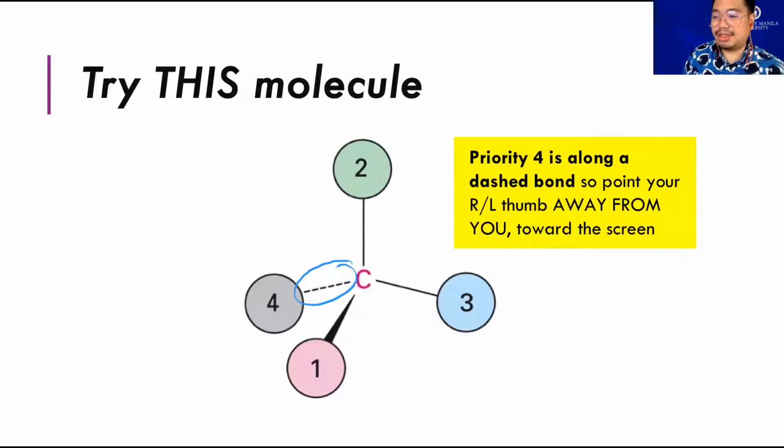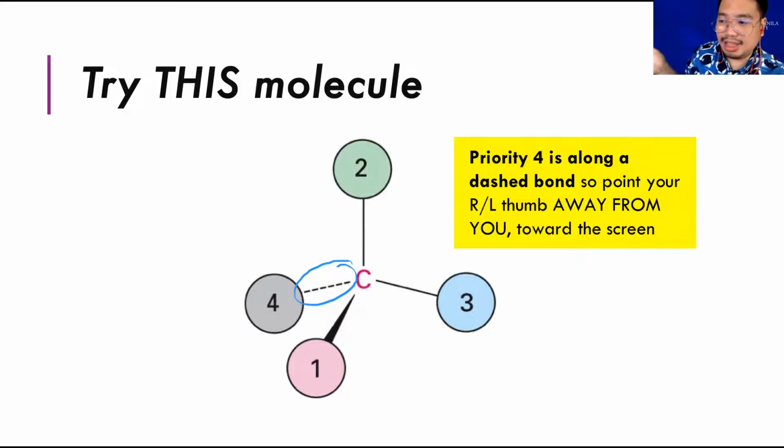So with that, if you do this, your fingers can be going up. That's priority number 2. You start to close or curl in your right hand. That's priority 3, before pointing towards you, priority 1. Or if you do it like this, you can start at 1 before going up to 2 and then closing to 3.